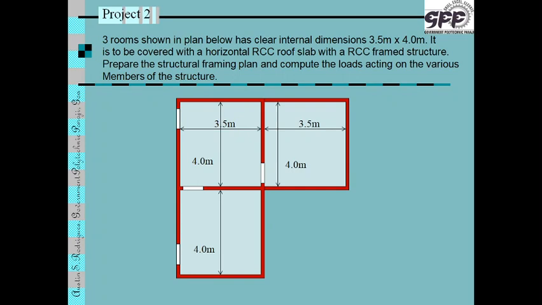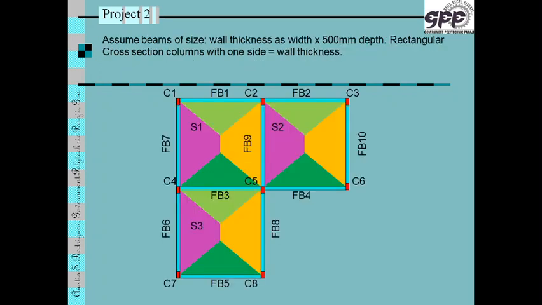How would be the contributory areas in this case? Would it be like this, where we have a 3.5 meter side, we would be getting a triangle, and where we have a 4 meter side, we would get the contributory area as a trapezium.